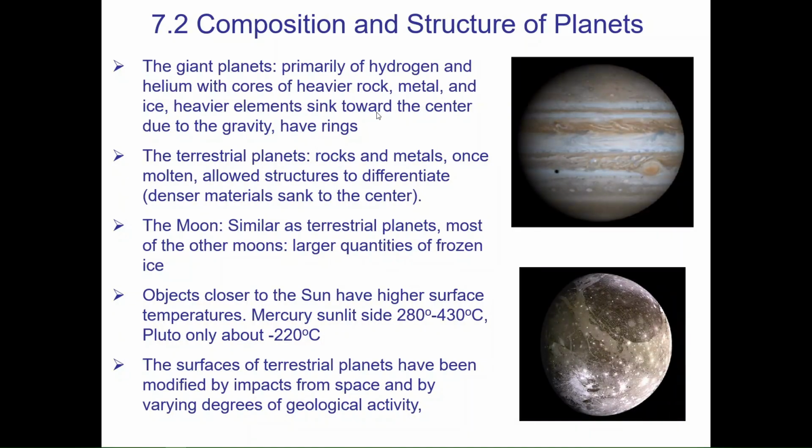Because hydrogen and helium gas are pretty fluid, those rocks and metal, which have higher density, have a chance to sink all the way toward the center due to gravity.